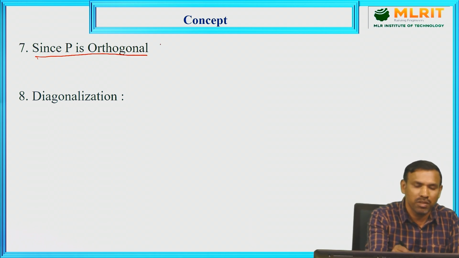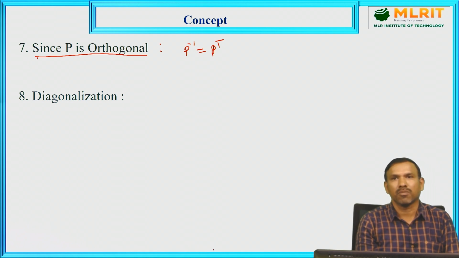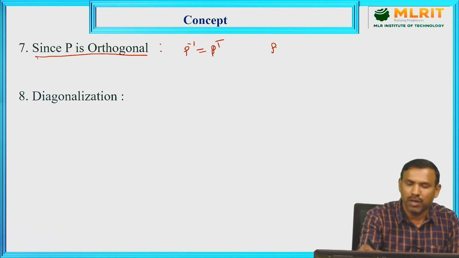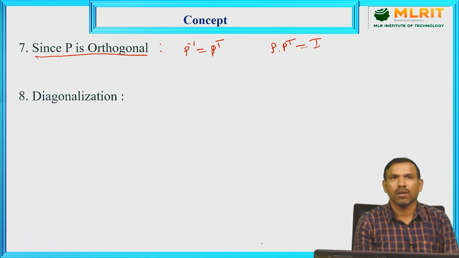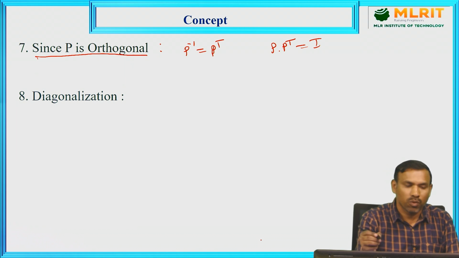P is orthogonal means we have the property P inverse is equal to P transpose. How is it possible? Because we have the property P into P transpose is equal to I. Why, sir? This is the orthogonal property.